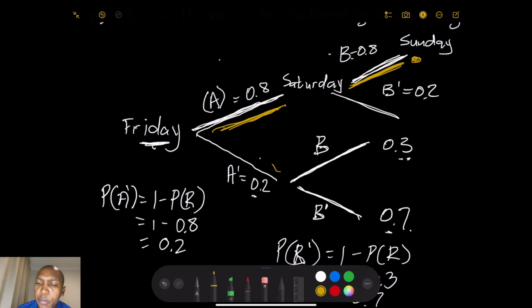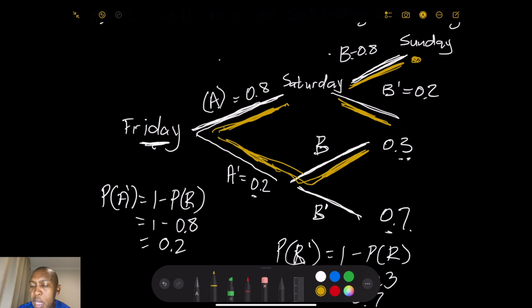But again, we said Saturday or Sunday, so we can say, well, it might rain on Saturday, but it might not rain on Sunday. So that would be inclusive because remember we said or, right? So it's inclusive of that solution as well. And then again we've got it might not rain on Saturday, but it might rain on Sunday.